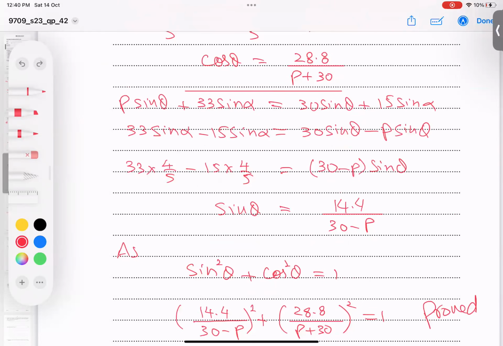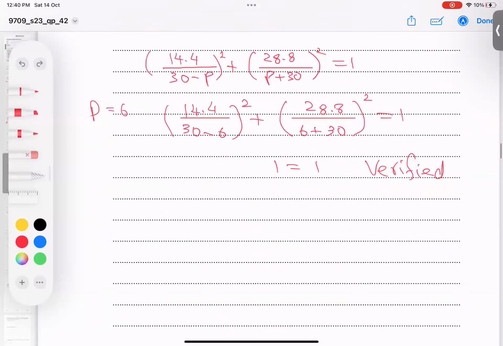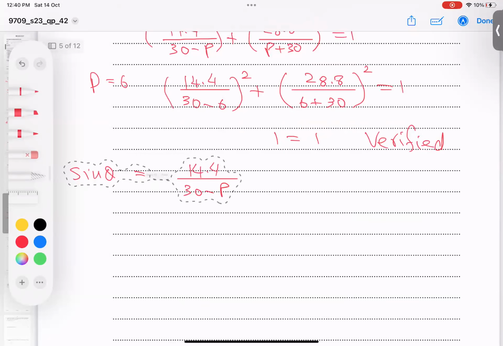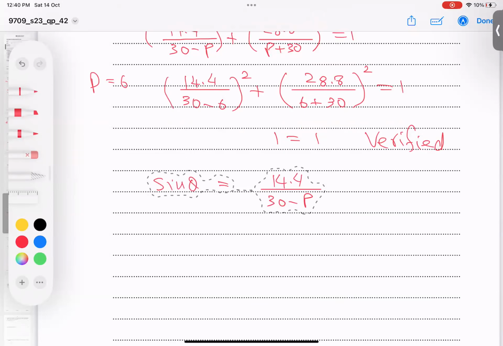Sine or cos, I can use anyone. So I copy this from here and use it here and see what the answer turns out to be. So theta, and sine will go to the other side and become sine inverse. So sine inverse of 14.4 over (30 minus 6).